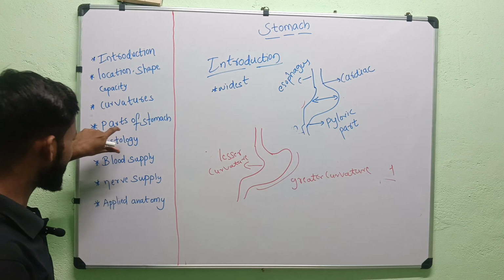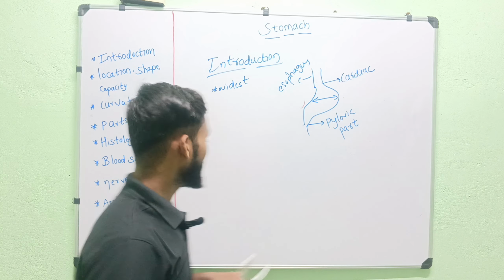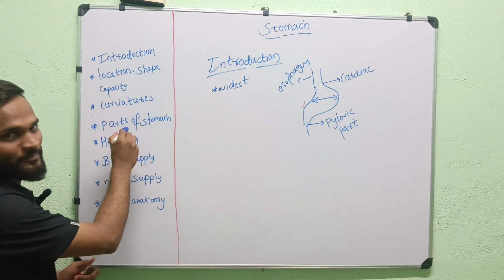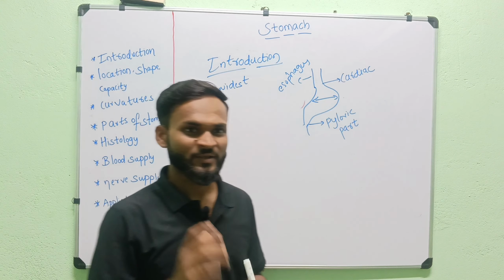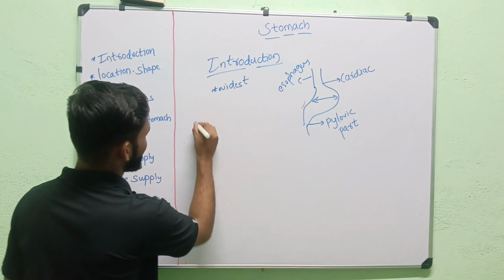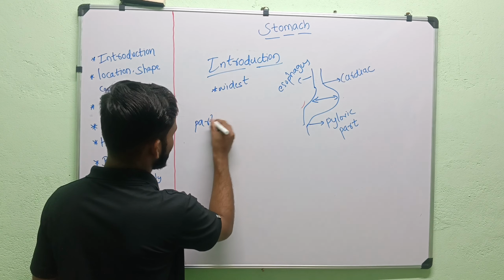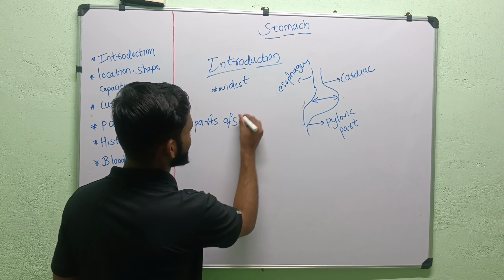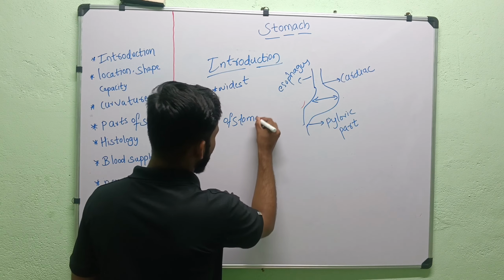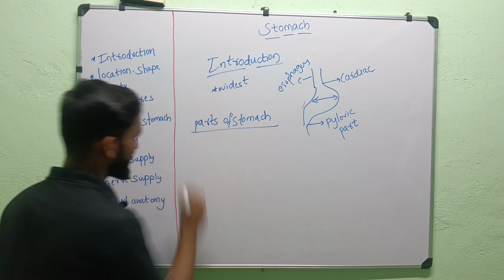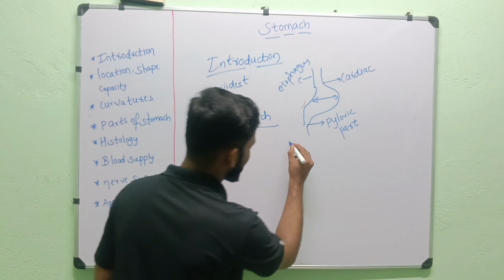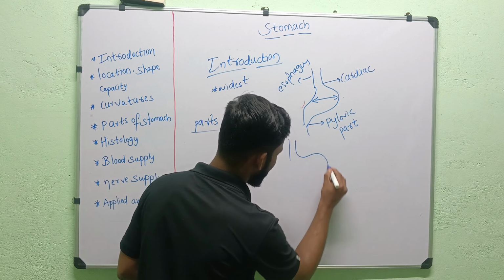Next we are going to discuss in detail the parts of your stomach. The stomach has mainly four parts. Let's draw the diagram.